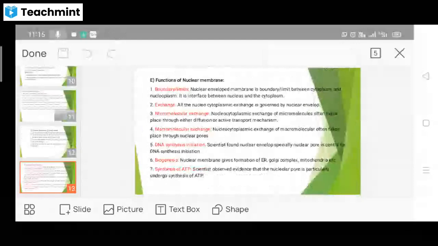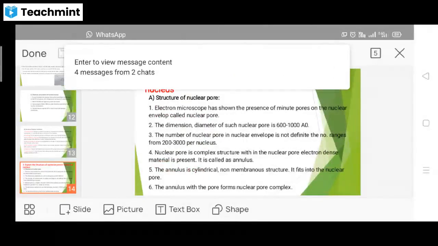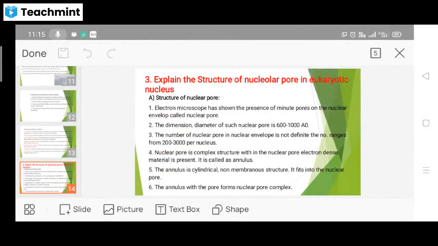The nuclear pores are minute pores present on the nuclear envelope. These pores have a diameter of about 600 to 1000 angstrom units.